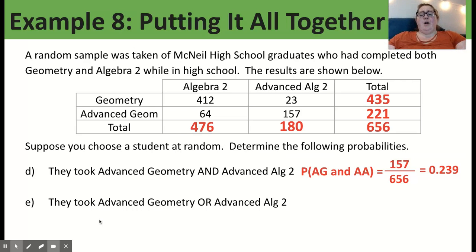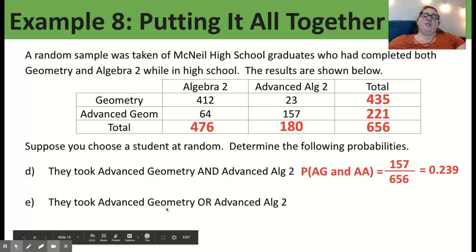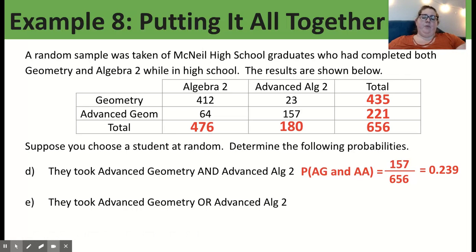So then the last part, what's the probability that the student took advanced geometry or advanced algebra 2? So our OR rule, right, our basic OR rule is that we add. So probability of advanced geometry was 221 out of 656. Probability of advanced algebra 2 is 180 out of 656.